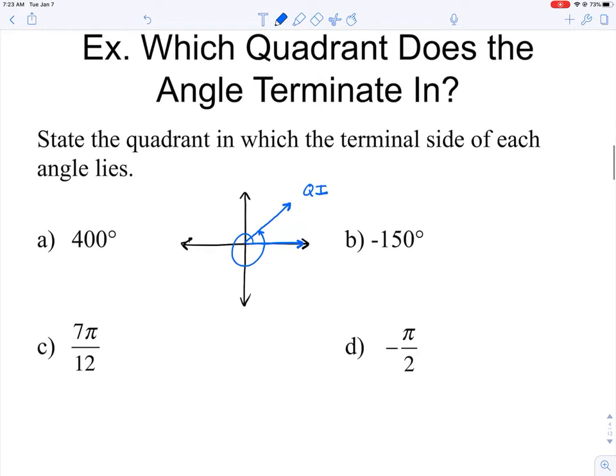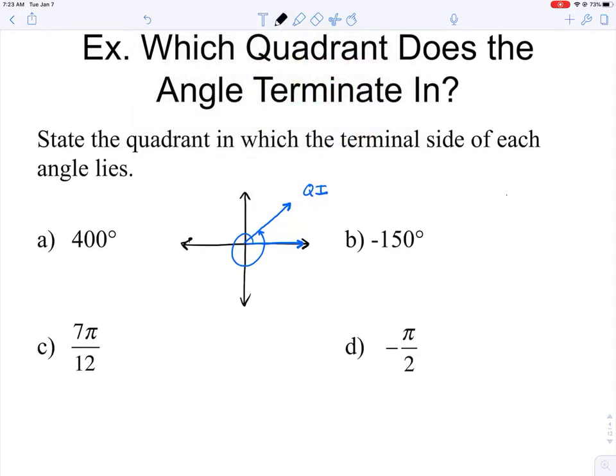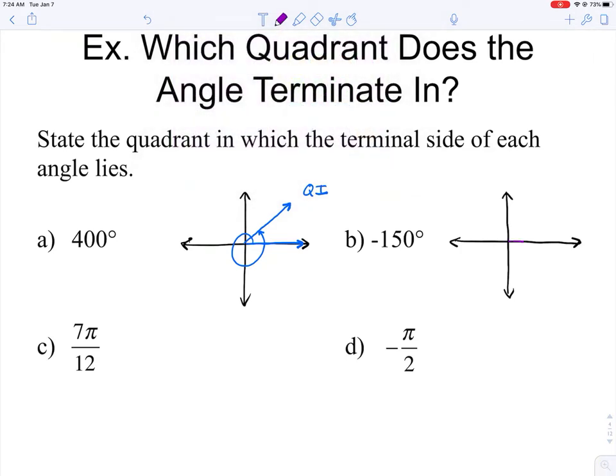Now negative 150 degrees, since it's a negative angle, that means that it's rotating in the clockwise direction. So let's again think about the angle being in standard position. So it starts on the positive x-axis, and then it's rotating in the clockwise direction.